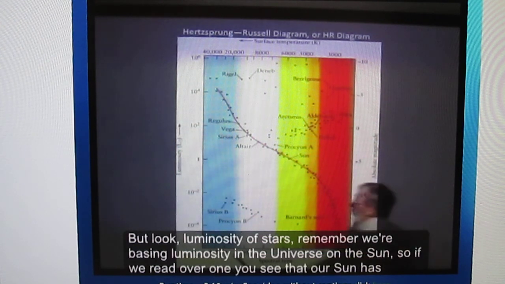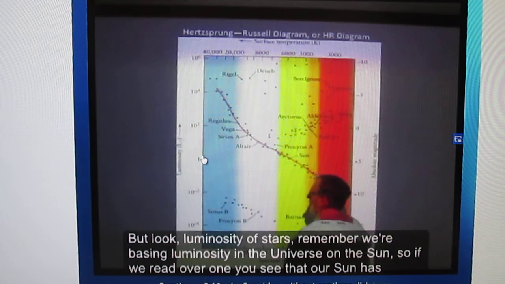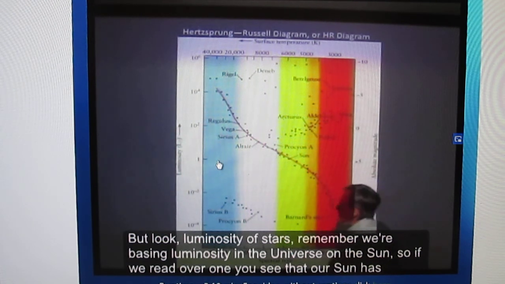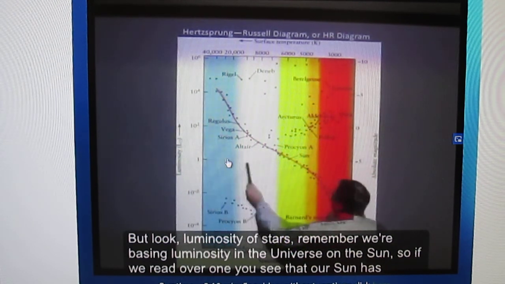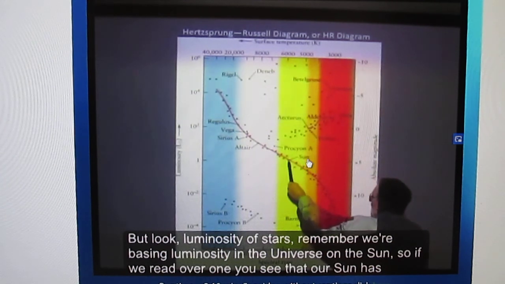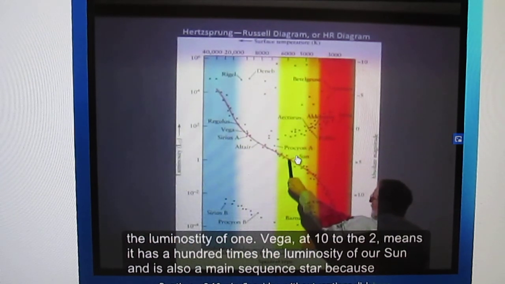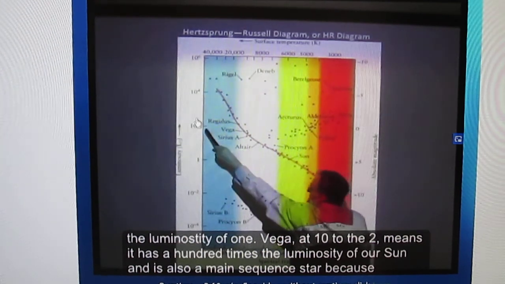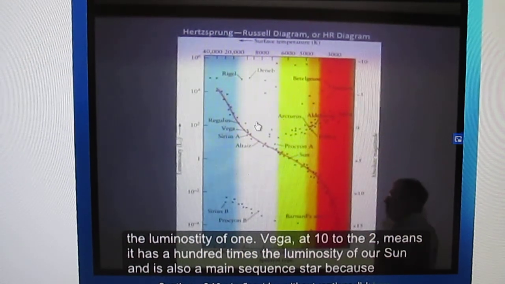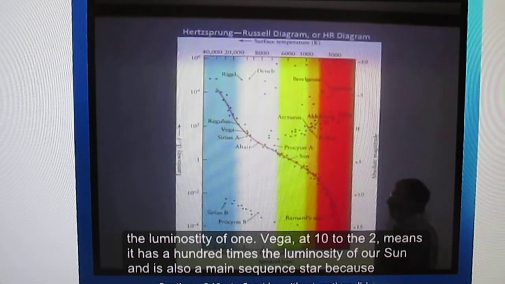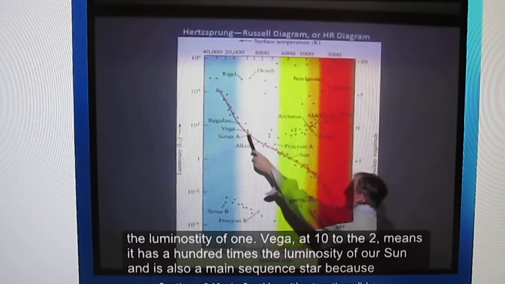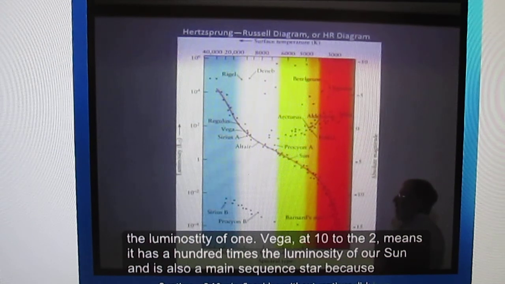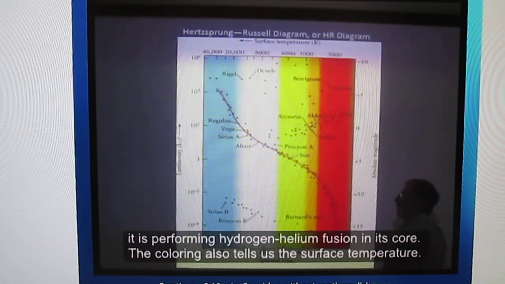But look at the luminosity of stars. Remember, we're basing luminosity in the universe on the Sun. So if we read over 1, you see that our Sun has a luminosity of 1. Vega, at 10 to the 2, has 100 times the luminosity of our Sun, and is also a main sequence star because it is performing hydrogen-helium fusion in its core.